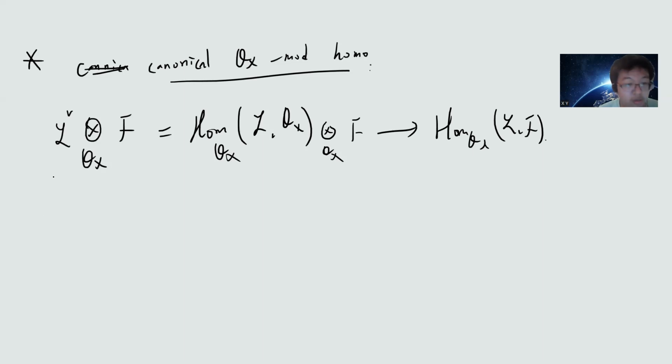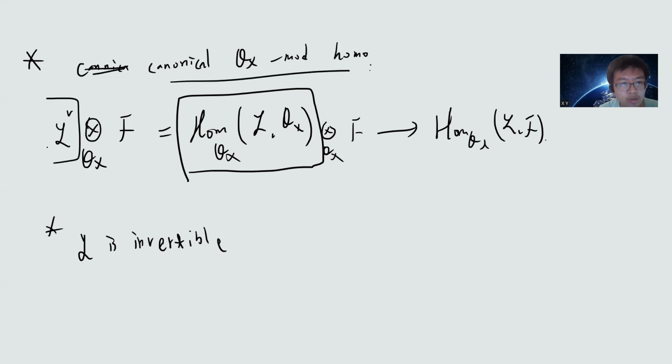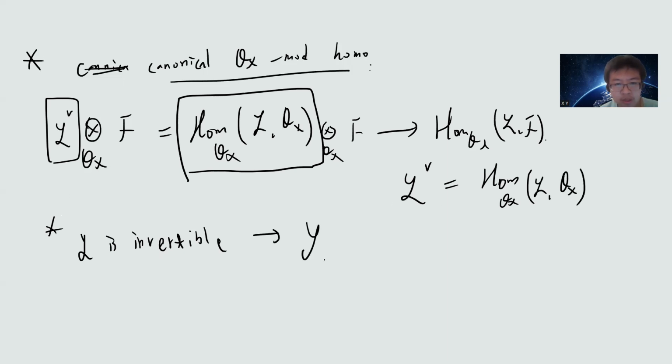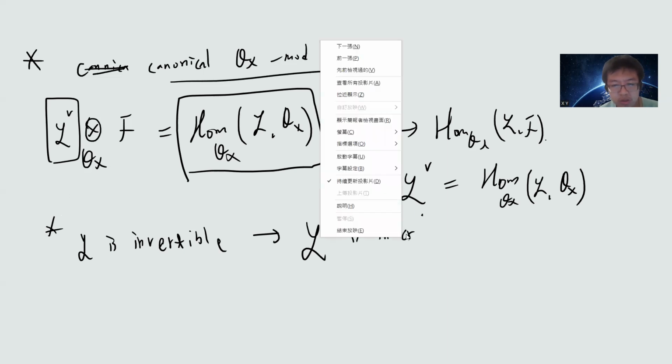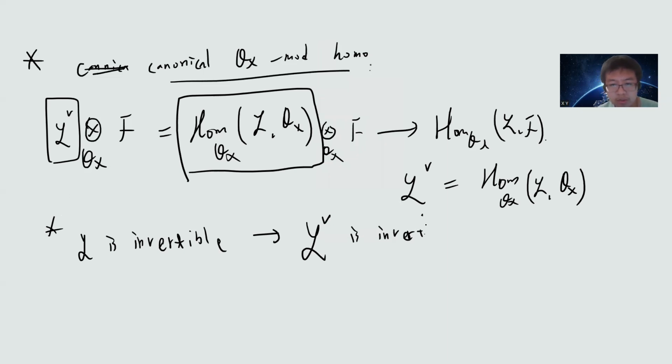Okay, so basically this shows that if L is invertible, by the way, L dual is defined to be Hom(L, OX). Okay, so if L is invertible, it immediately shows that L dual is invertible.